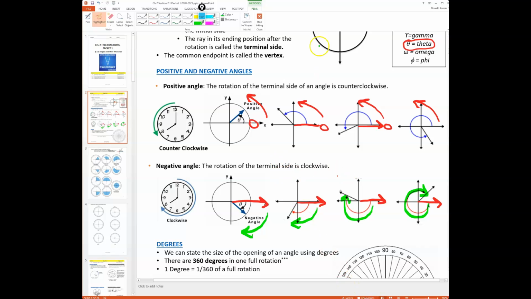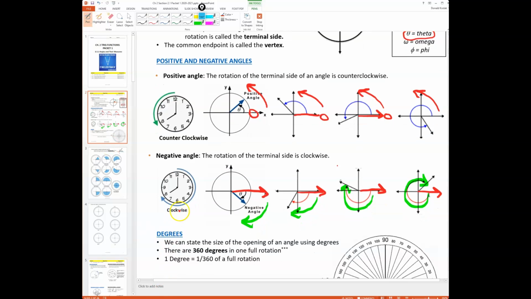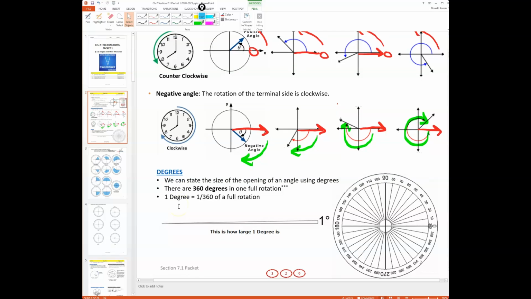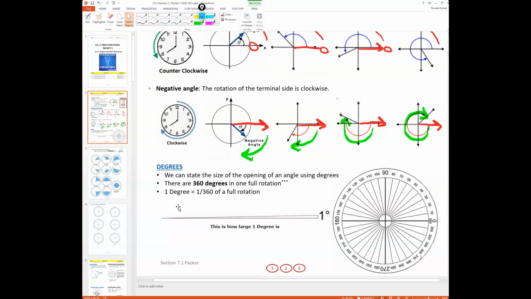All right, now we all know how angles are measured. Okay, angles are measured in degrees, and a degree is simply taking a circle and cutting it into 360 little slices. Each one of those slices is a degree. Okay, now why 360?